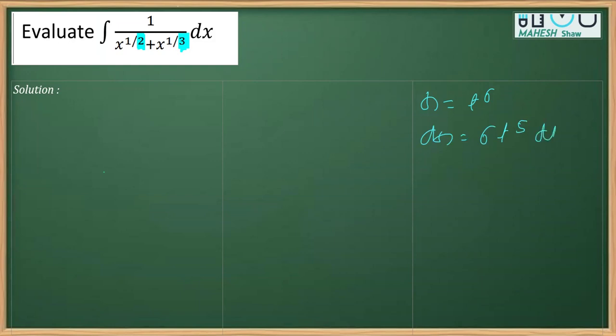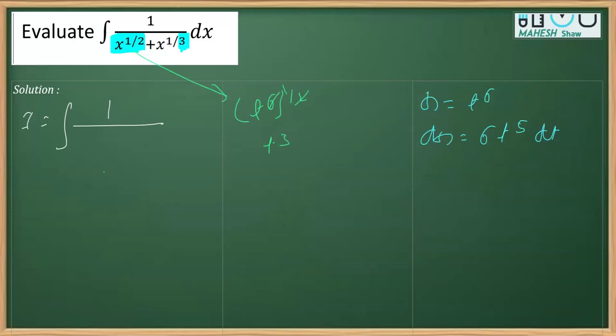Now let's come to the question here. We have I is equal to integration 1 over... I'm going to substitute. Replacing this x with t raised to the power 6, over half, we'll get t raised to the power 3.